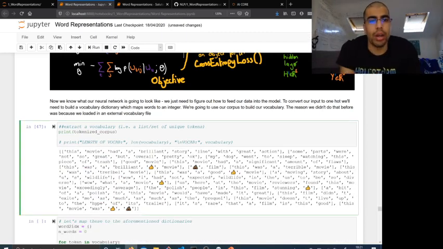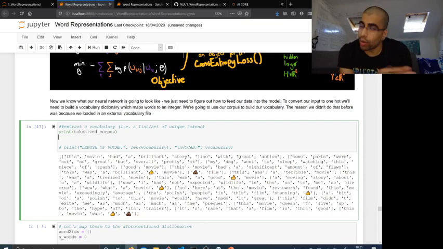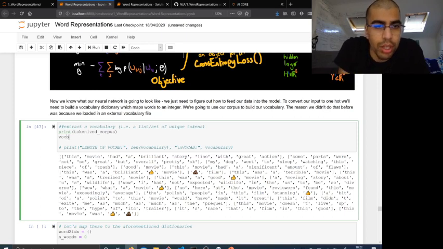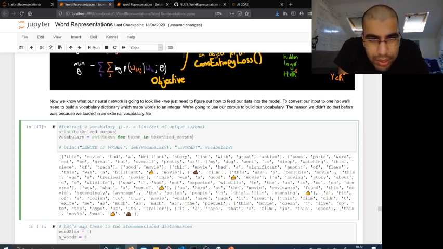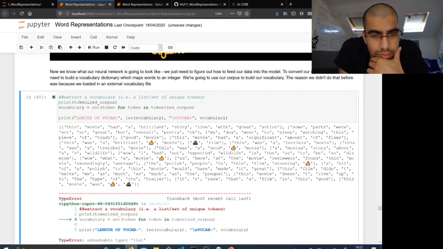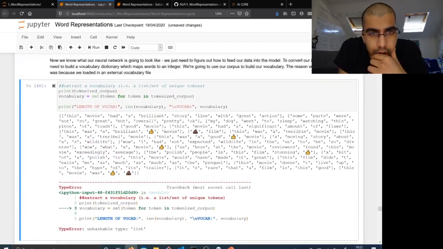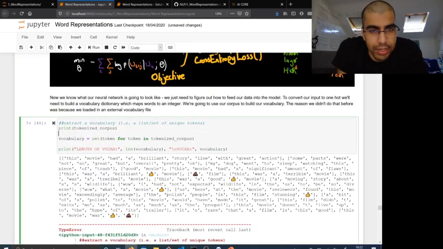Okay, cool. So we want to get a set of unique tokens in our vocabulary. We can do this a couple of ways. I'm going to show you a way using sets, which I think is pretty cool. So vocabulary equals set, and we can just pass in token for token in tokenized corpus. Will that work? No. Okay, let's break this down.